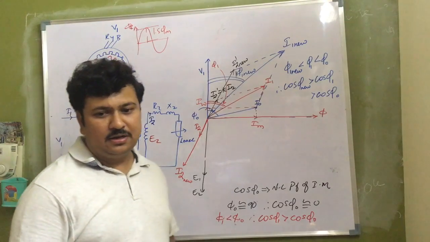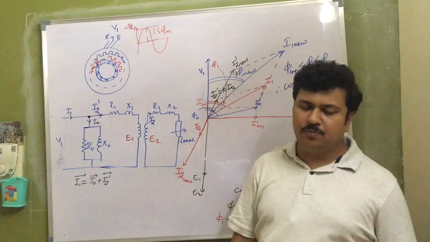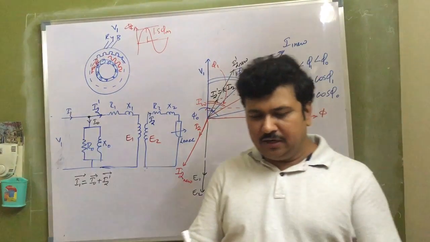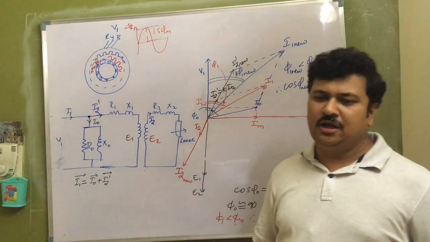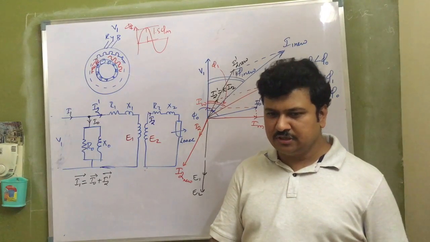Now, how do I decide the load operating point of an induction motor? Whenever I want to put any induction motor into service, I first study the load, what amount of load is to be served.